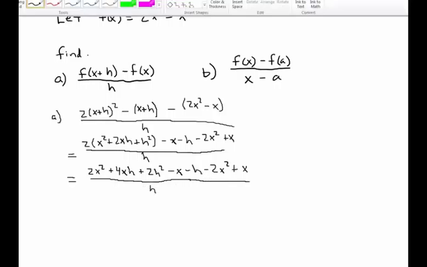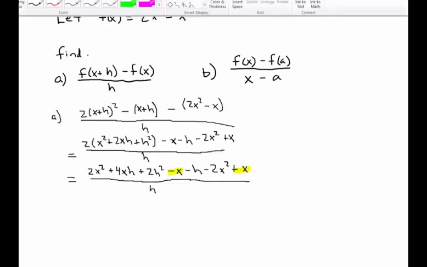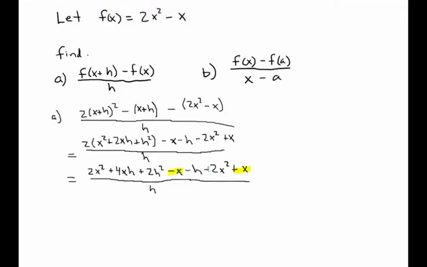And now I'm going to use a highlighter to show the things that cancel in the numerator. We have a positive x and a negative x, and we have a negative 2x squared and a positive 2x squared.